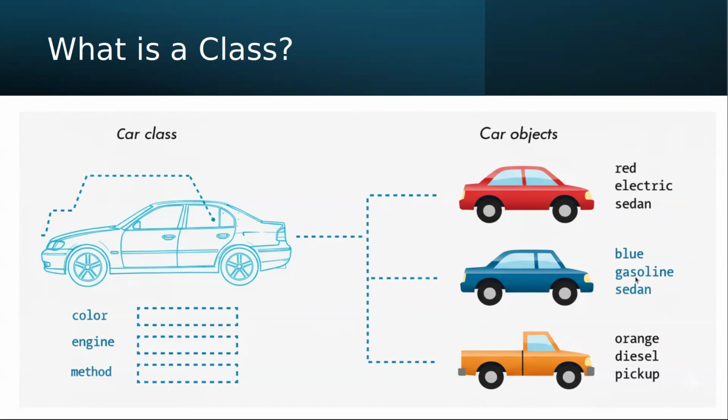We can then call its method, such as start, to make it perform actions. Remember, different objects can share the same class but have different data. Just like different cars can be built from the same design but differ in color or engine type.